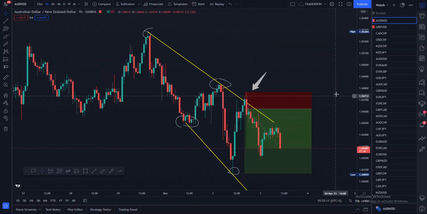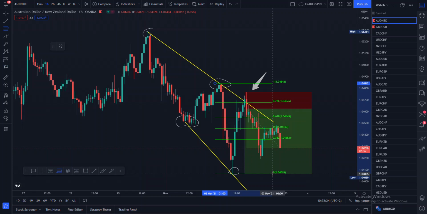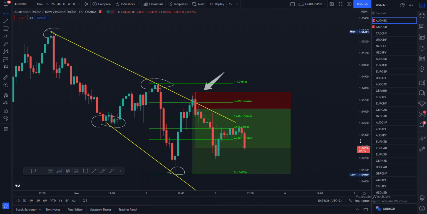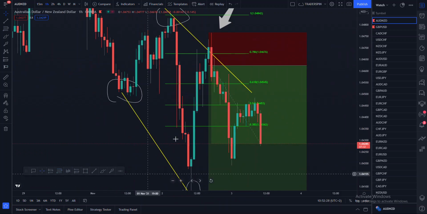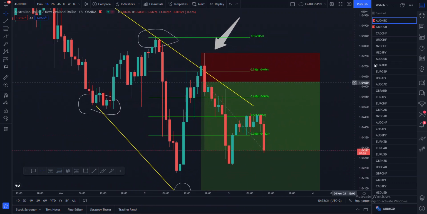So let us look at what I talk about when I talk about the Fibonacci retracement tool. Okay, when I speak about the Fibonacci retracement tool, what you need to know is we actually have these zones here, right?